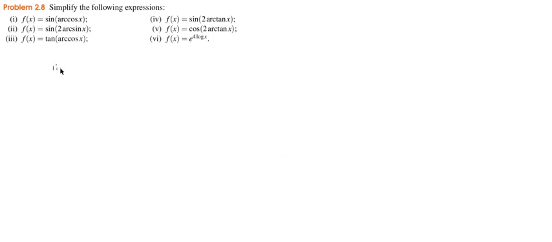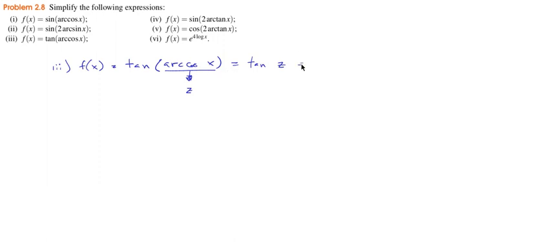Now for 3, f of x is the tangent of the arc cosine of x. Again, I'm going to call this z to make our lives easier. So this is the tangent of z. We want something written in terms of the cosine.